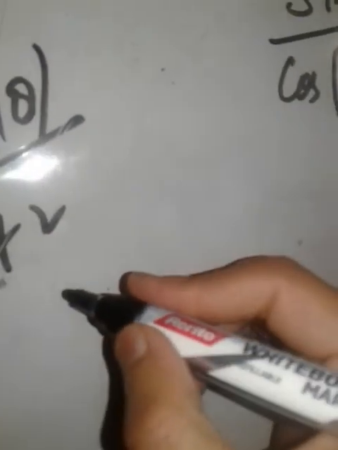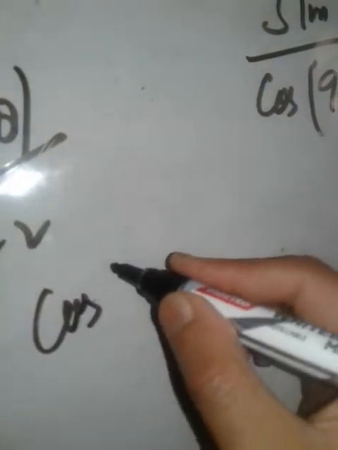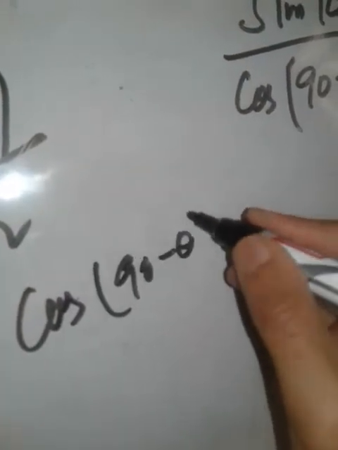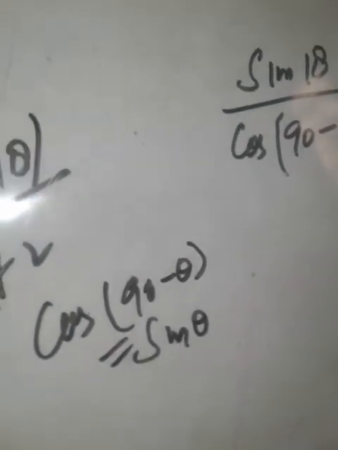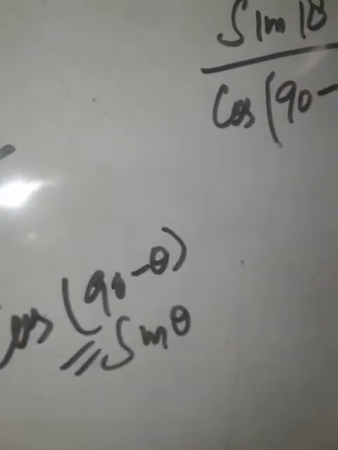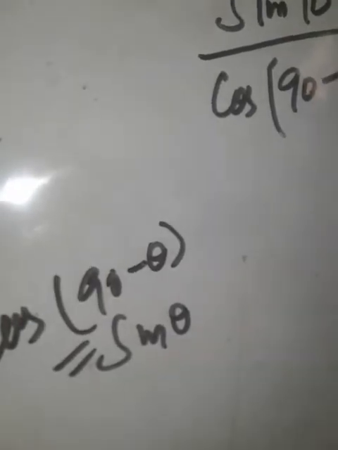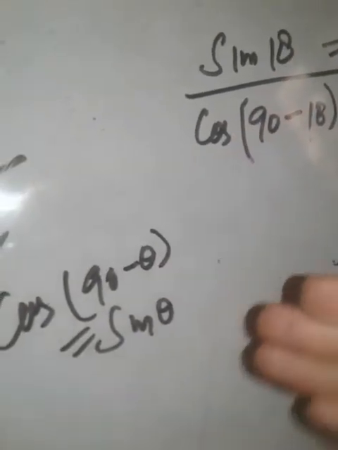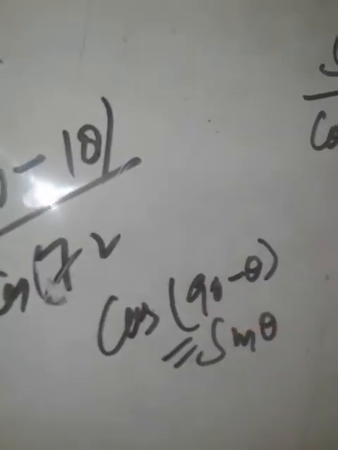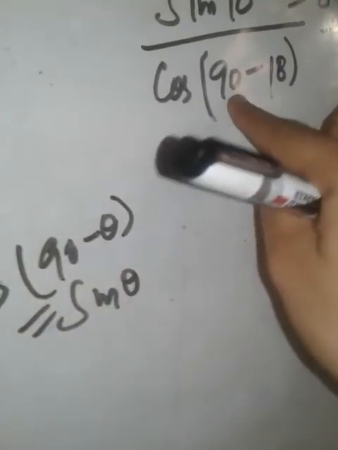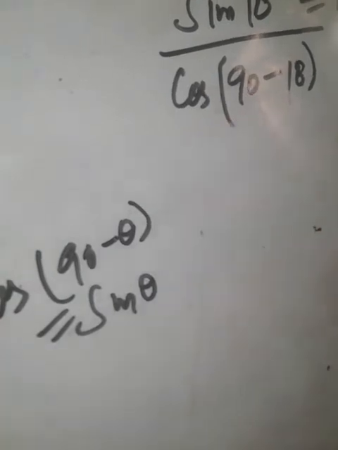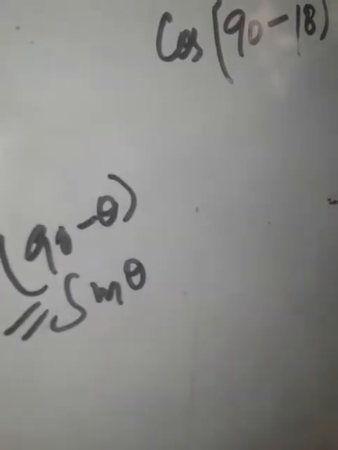We know the formula we have derived: cos 90 minus theta equals sine theta. So here we apply this formula: cos 90 minus 18 equals sine 18.